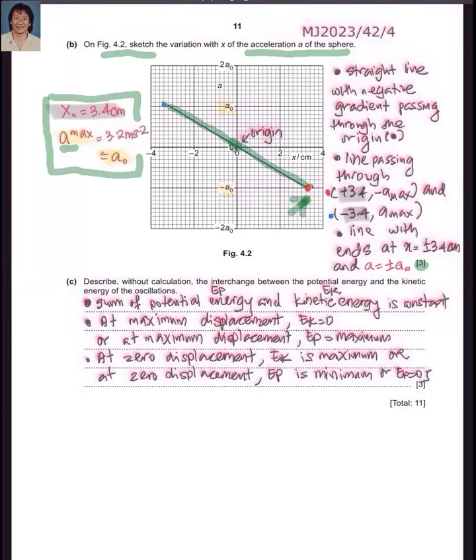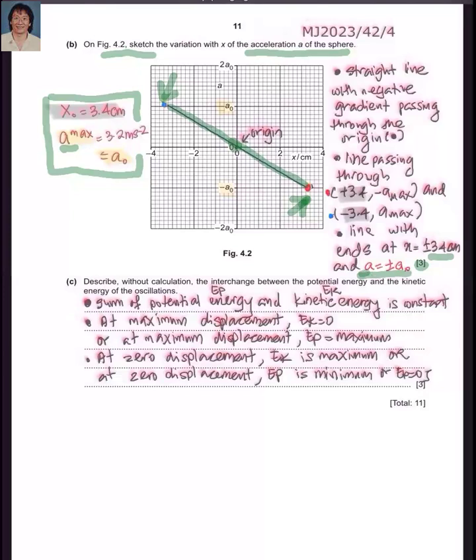The coordinate for the red point is positive 3.4, minus a max, and the blue point, which is this point here, minus 3.4, a max. Then the third mark comes from the line which ends at x equals plus or minus 3.4 and a equals plus or minus a0. The third point is the same as the second point.